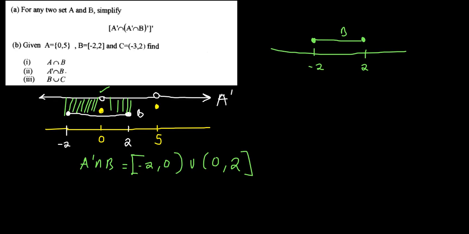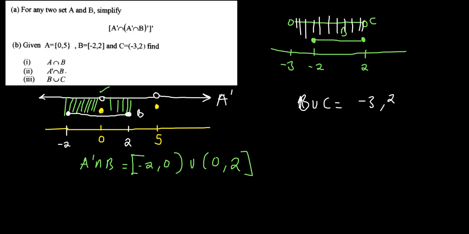Can you see that negative 3 is not part of the set C? So it's not part of the union. And then when you go at 2, so the set C is from negative 3 up to 2, and it is open at both ends because of the open interval bracket.